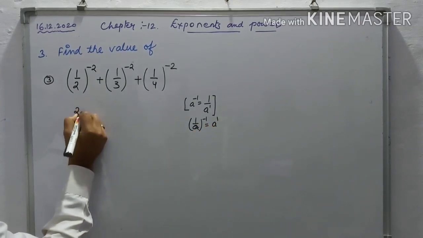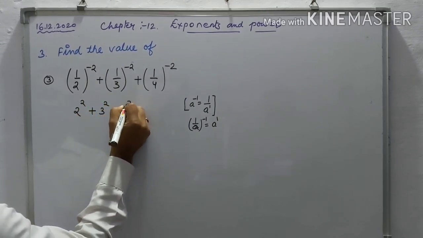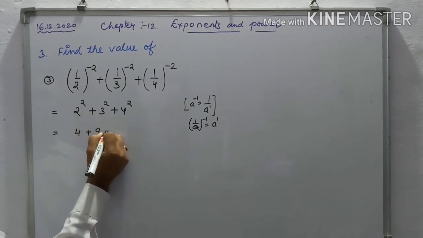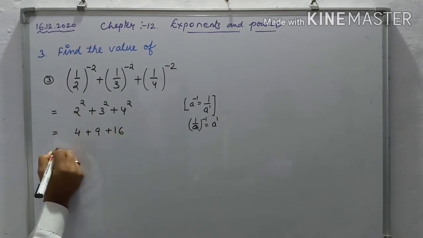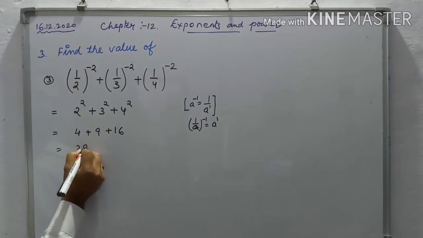Okay, so you write 2 power 2 plus 3 power 2 plus 4 power 2. Then we write 2 twos are 4, 3 threes are 9, and 4 fours are 16. The sum of the numbers is 29.